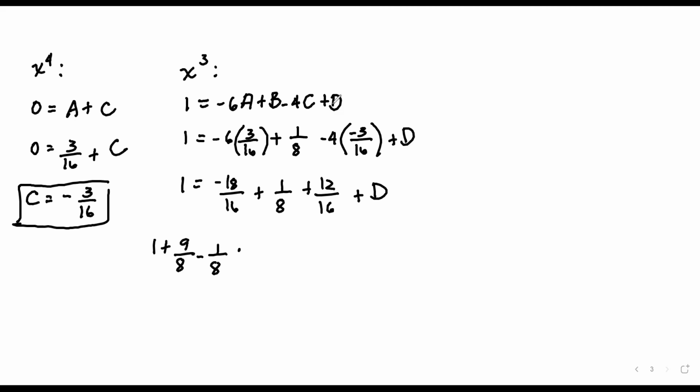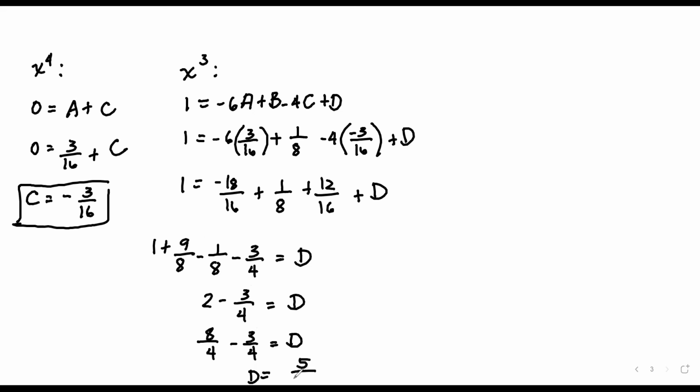So minus 3/4 equals D. So 9 minus 1, it's 8. 8 over 8 is 1. 1 plus 1 is 2. Minus 3/4 equals D. This 2 is 8 over 4 minus 3/4. So the value of D is 5/4.